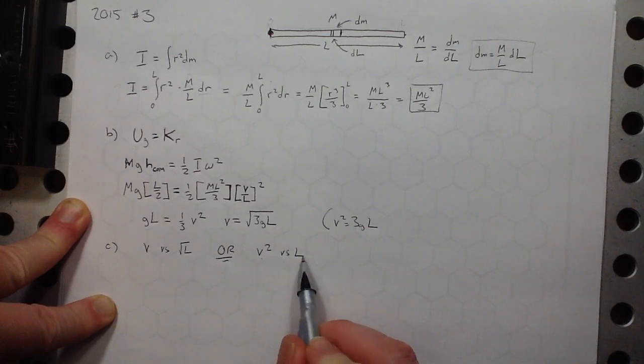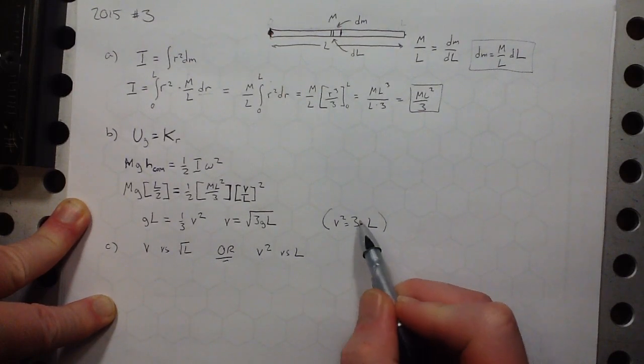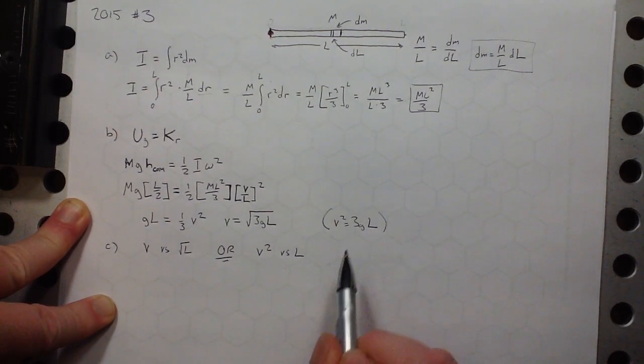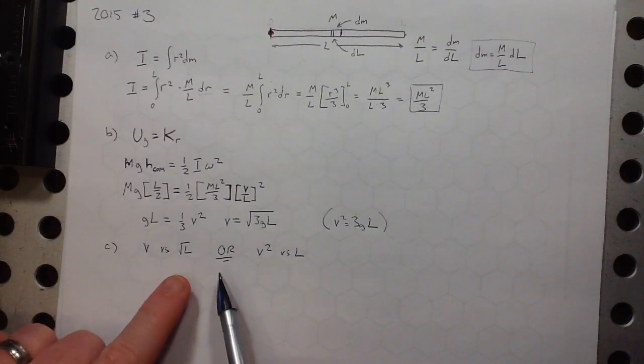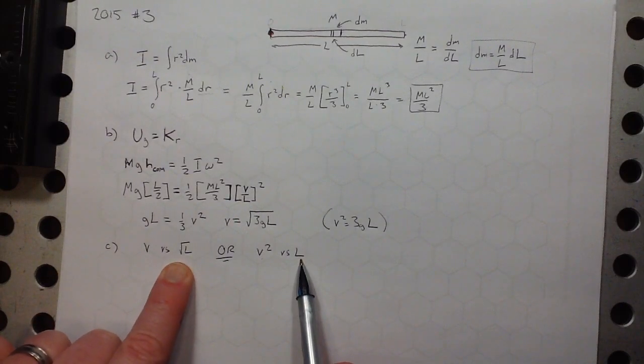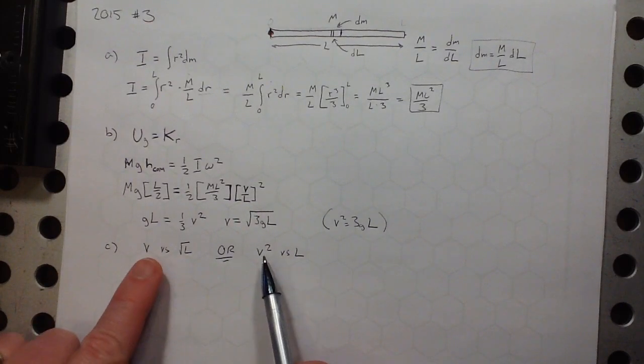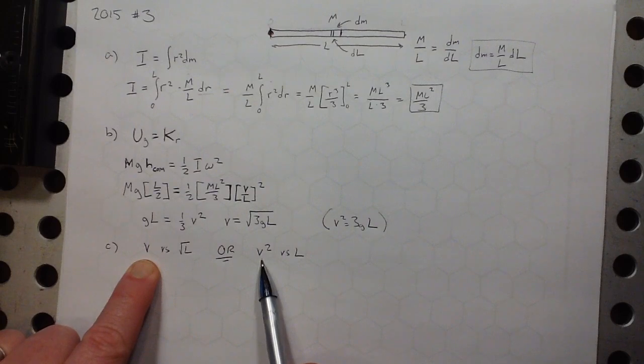If you graphed V squared versus L, then you would get a line, the slope of which should be 3G. So you can do either one of those. It's up to you. And I guess they had a little, like, what should be. So this is our horizontal axis, would be one of these. Vertical axis.